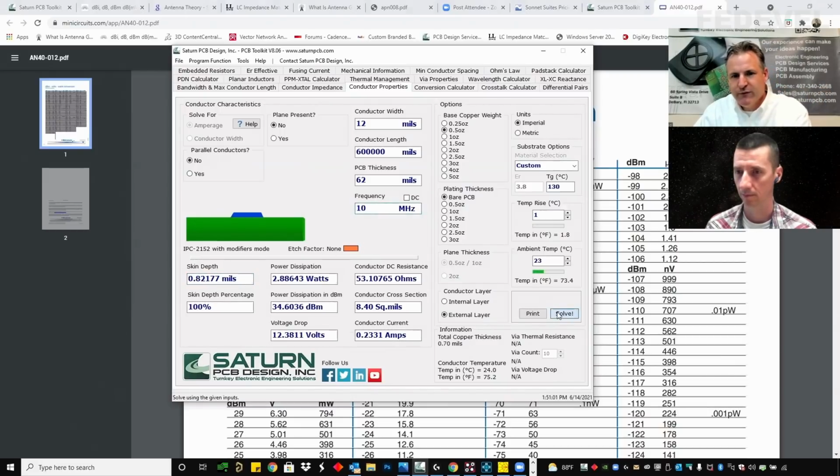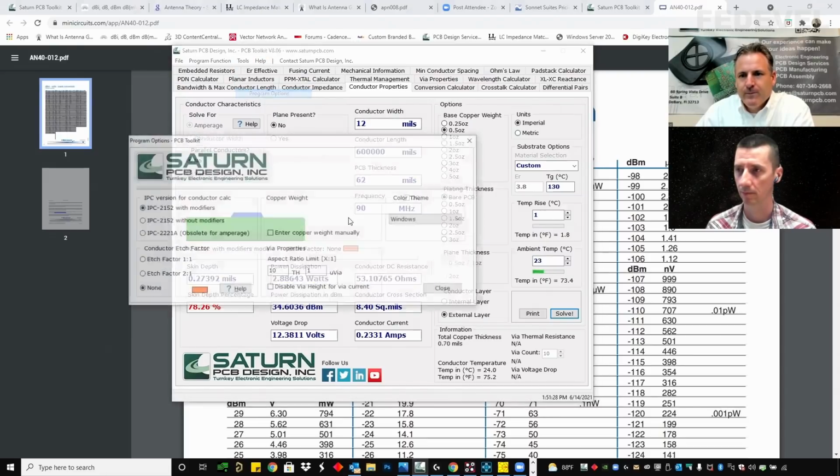If I start bumping the frequency up to 50, now I'm at 78.26, which is my skin depth is 0.27, my thickness is 0.7, so I'm below that 1/2 mark. Again, that's all out there for people to look at.